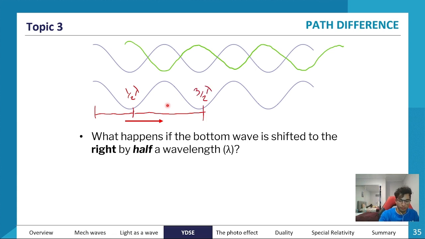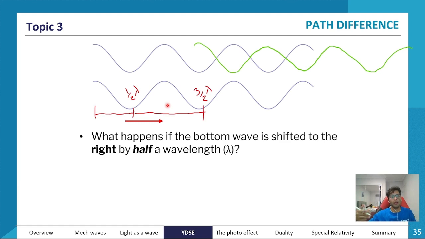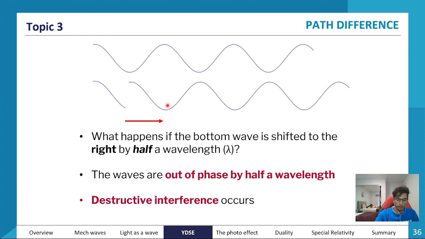So if I move the green wave by another whole wavelength to here, again, it's the same thing. It's destructively interfering, and we're going to be left with a flat line. And the same happens with the constructive case: if we keep moving it by a whole wavelength, we end up with the same scenario of destructive interference.